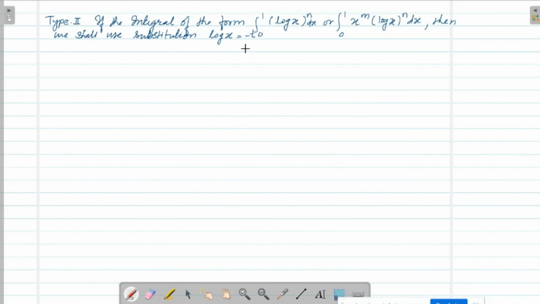Now let us see an example of how to evaluate this type of integral.